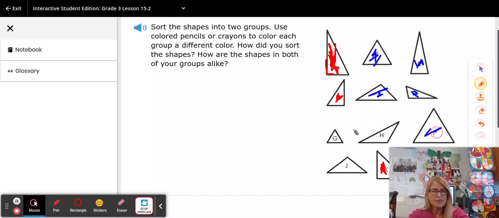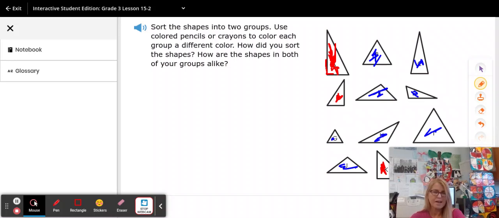My screen is covering that last one, shape L, which is not a right angle, so that will be blue. So we have classified those shapes, right angle and not right angle, into two groups.